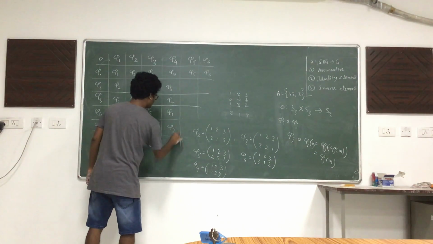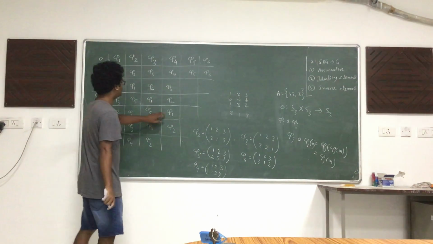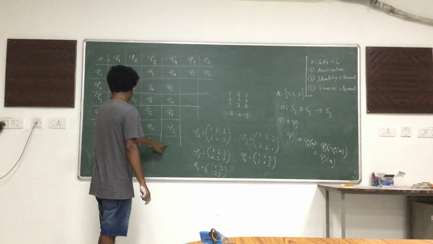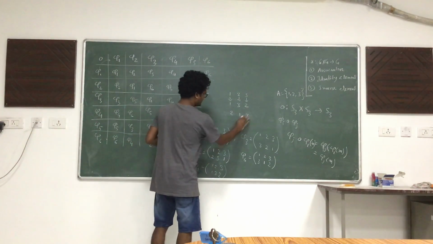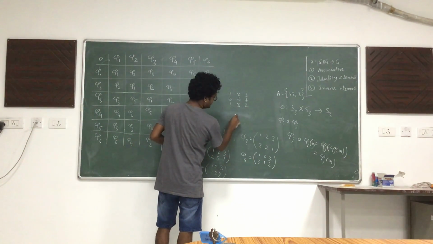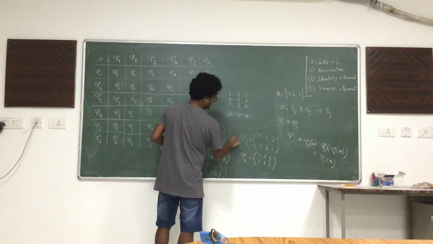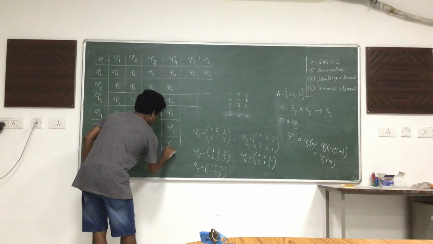And we can quickly check that it should be phi 3, right? Let us quickly check that. 1 goes to 3, 3 goes to 2, 2 goes to 1. Yes, indeed it is phi 3.